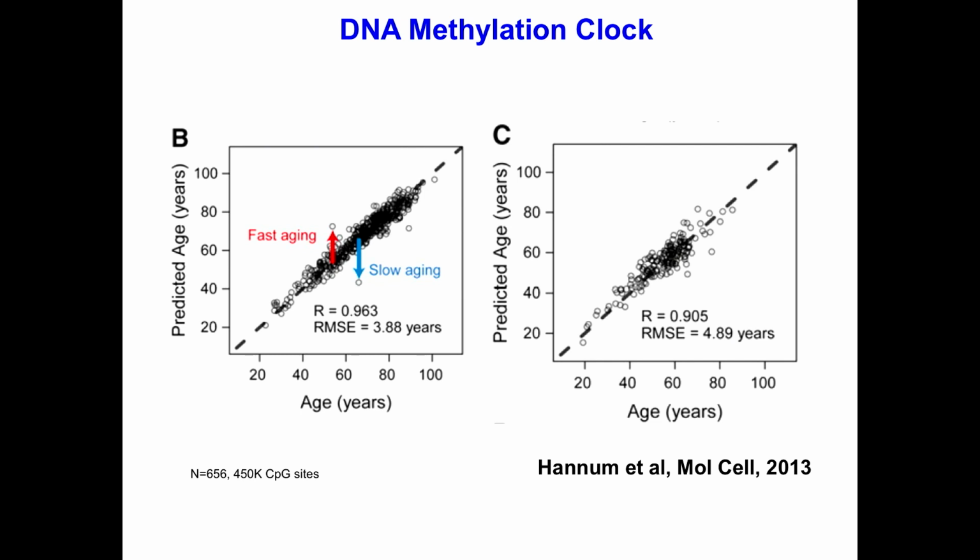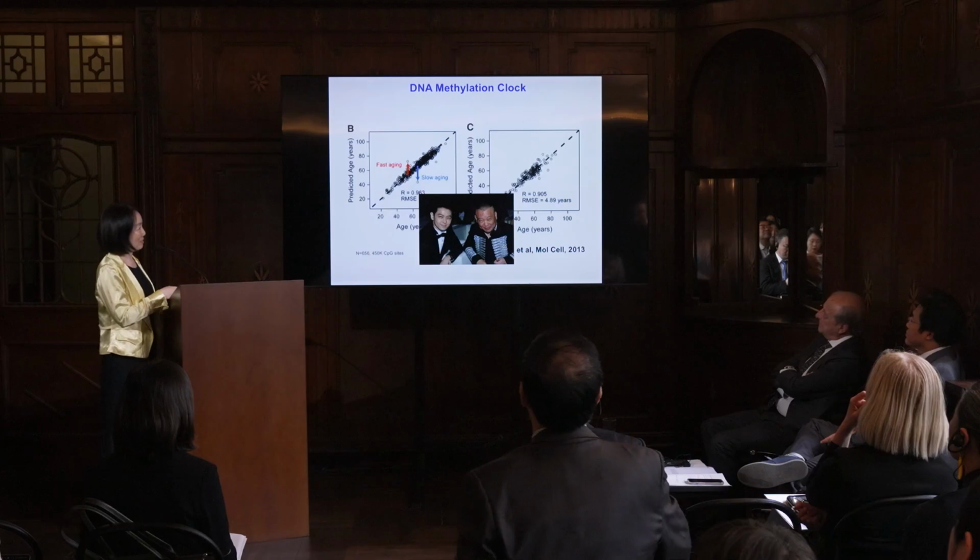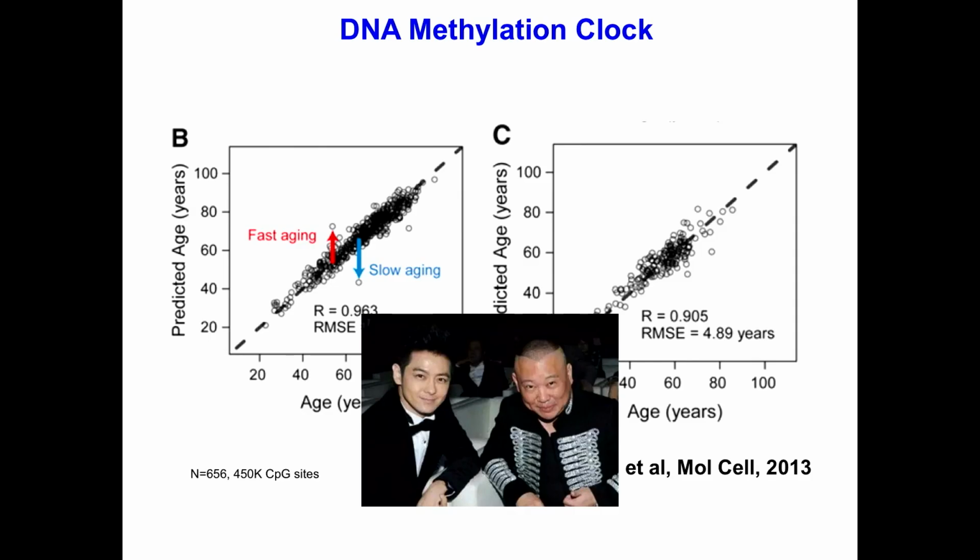And these are named fast agers. On the other hand, there are other people who seem to have a much lower predicted age than their actual age. Those are the slow agers. Basically, this indicates, here's the picture, that two individuals of exactly the same chronological age can have very different biological age, at least DNA methylation age.